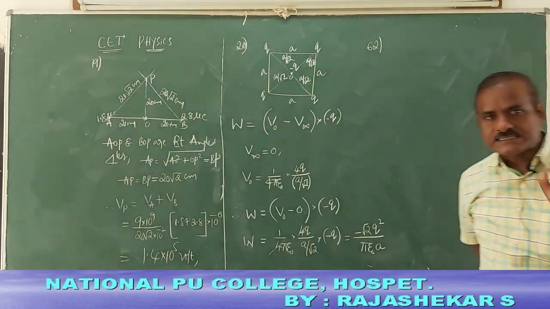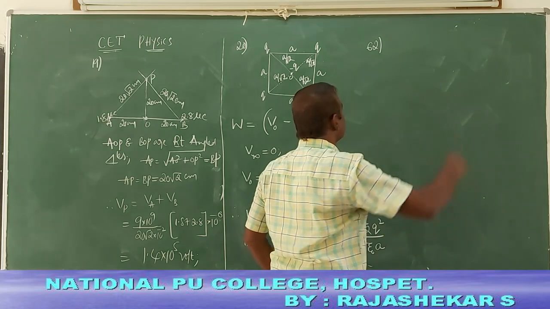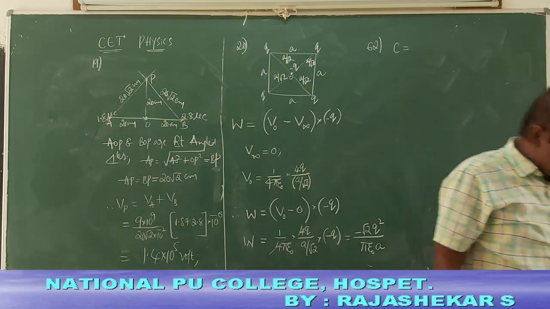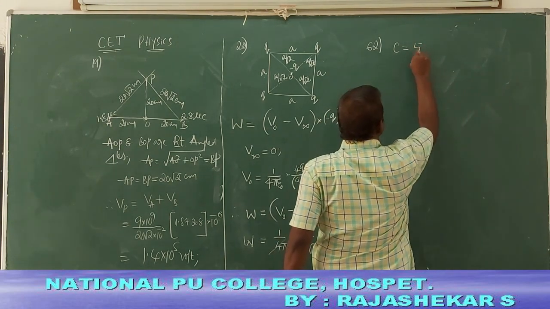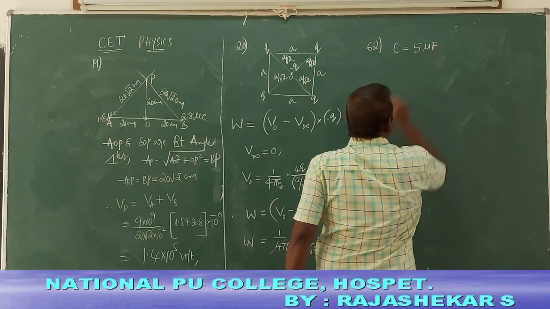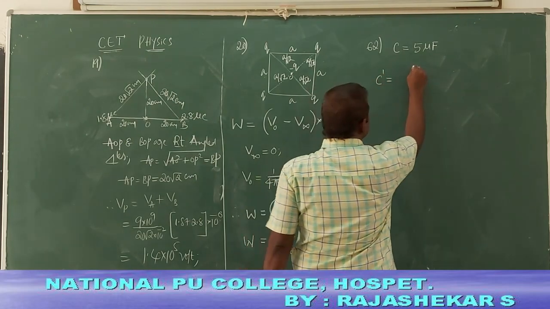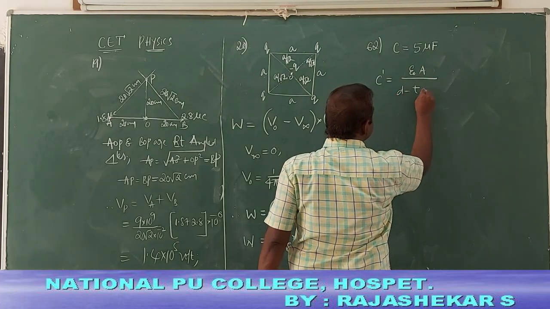When a dielectric slab of certain thickness is placed between the plates of the capacitor, the new capacitance is given by a formula. Original capacitance is given as 5 microfarad, with air as the dielectric. Now when a dielectric of certain constant is inserted, you have the formula, if you remember, d minus t plus t by k.